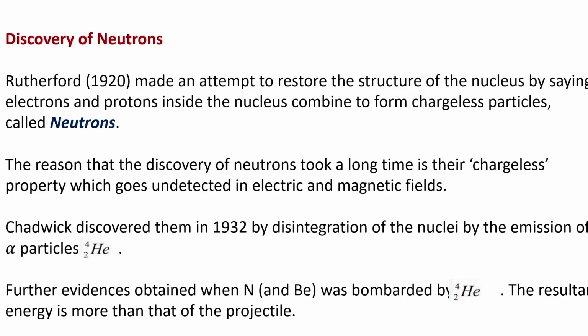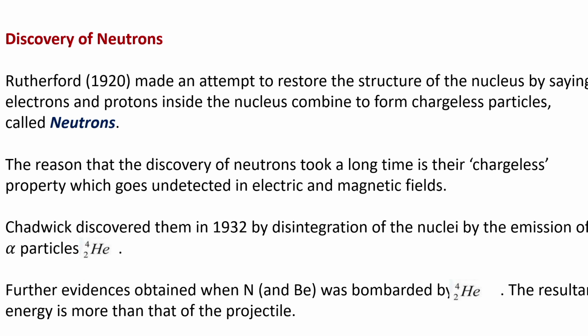So, Rutherford in 1920 made an attempt to restore the structure of the nucleus by saying that electrons and protons reside inside the nucleus, the same electron proton picture that we have described earlier, but they combine to form chargeless particles. They are called neutrons. However, he did not have too much basis to say that, and this was one of the main reasons that the discovery of neutrons was delayed, because of this chargeless property.